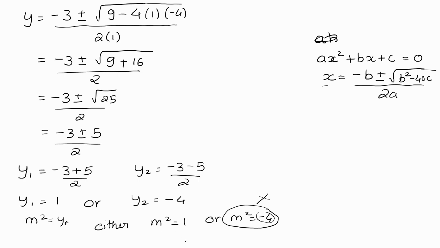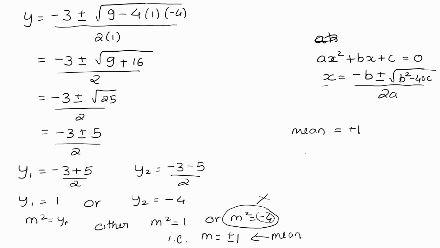So the value I will have is m square is equal to 1. That is, m is equal to plus or minus 1, that is my mean. Still, I will consider the mean to be the positive value, that is plus 1. Why?